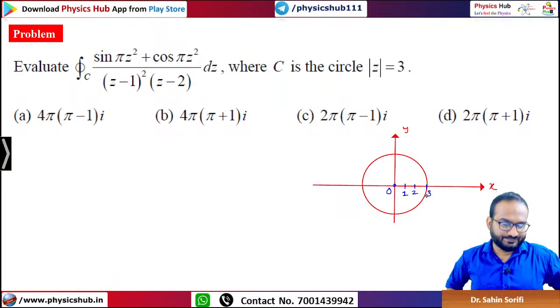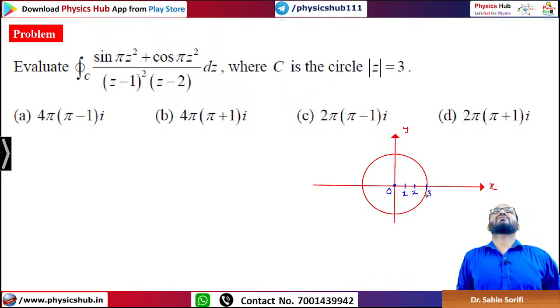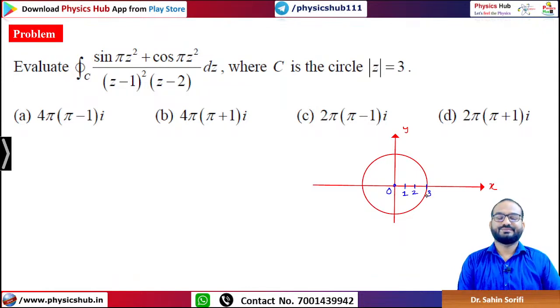Do it quickly. Here I think the second formula will be used: 1 by (n minus 1) factorial, d to the power n minus 1 by dz to the power n minus 1 of (z minus z0) to the power n times f of z.